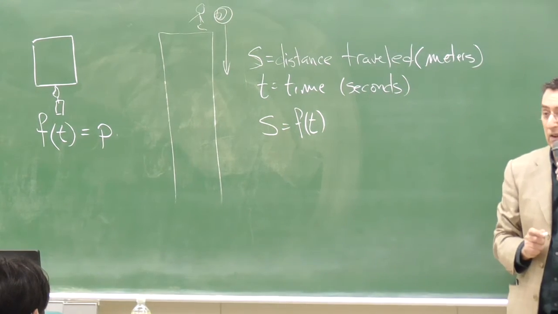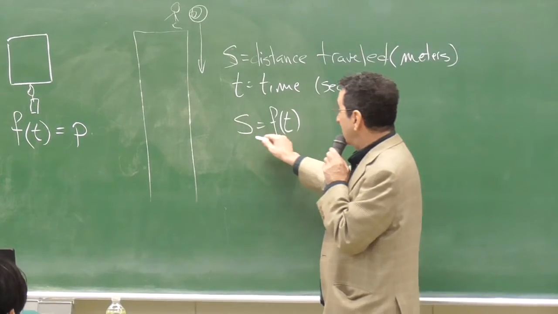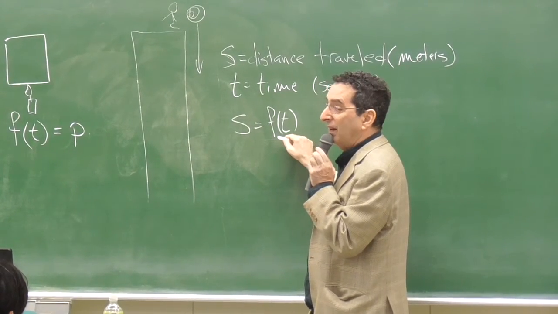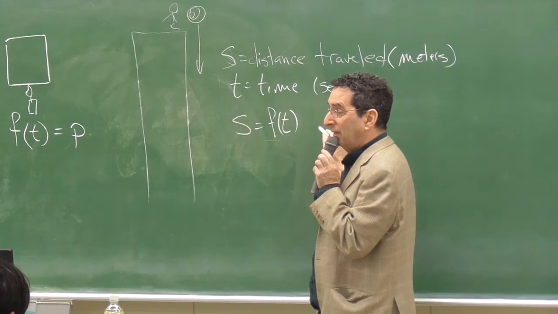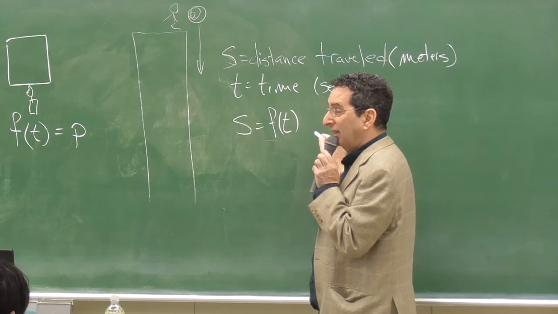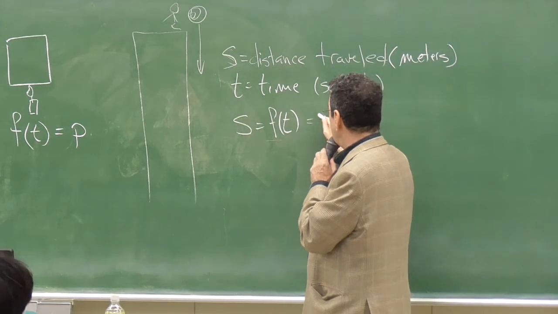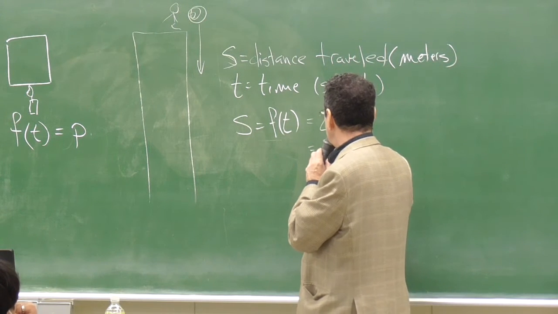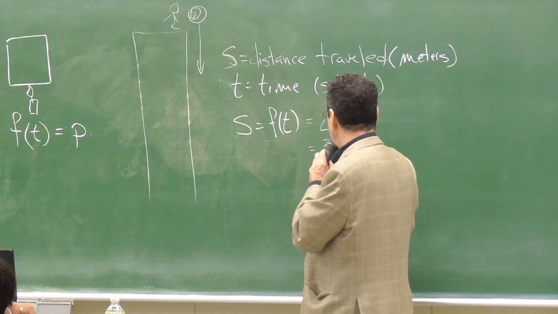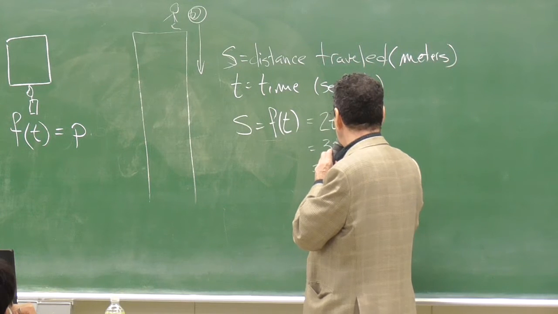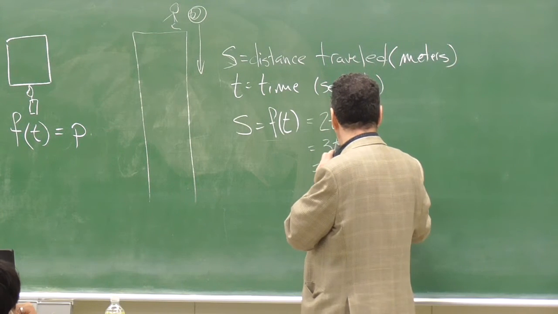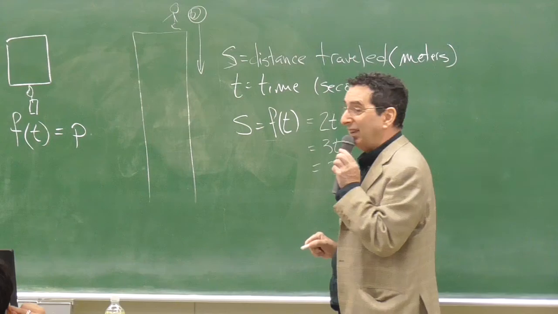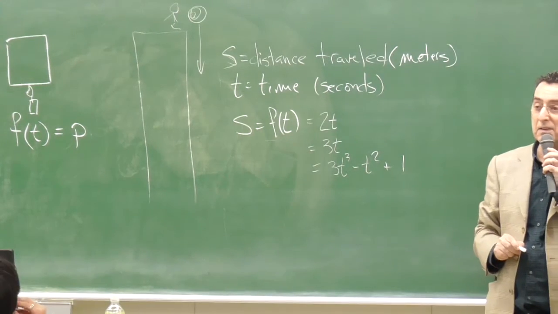What do I mean by the relationship? We said there is a relationship here, but we don't know what it is. Is it equal to 2 times t, or 3 times t, or 3t cubed minus t squared plus 1? What is it? Let's be Isaac Newton.